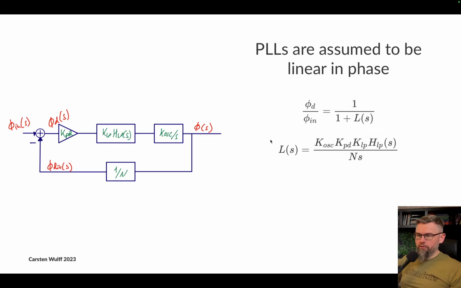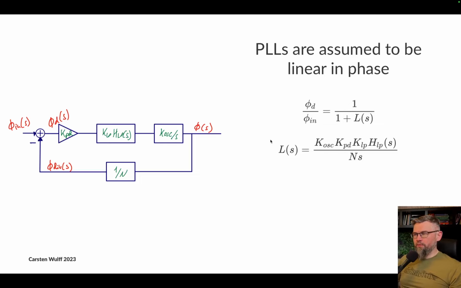And this is quite common with discrete time systems, as long as the discrete time components are high frequency and your bandwidth is quite low, then it's possible to assume that you have a linear system, in this case, but only in the phase domain.